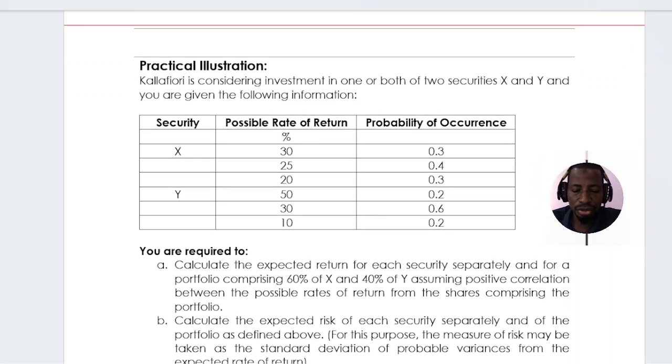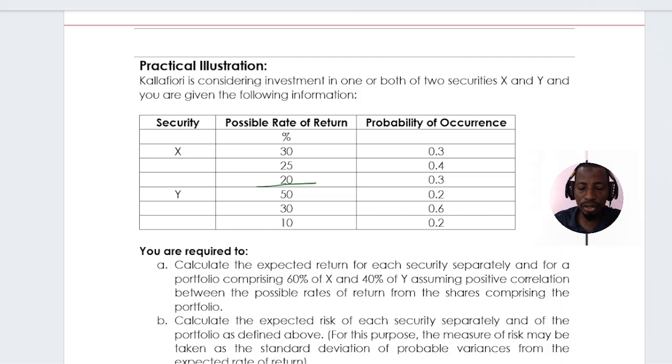Calafiori is considering investment in one or both of the two securities X and Y. You are given the following information: the possible rate of return and probability of occurrence for securities X and Y. One thing I need to inform you is that at all times, the return of a portfolio must be given in percentage.